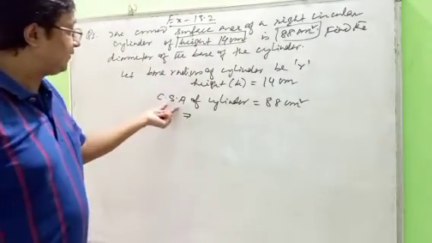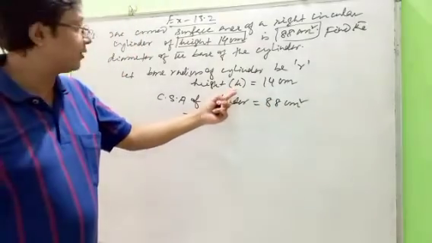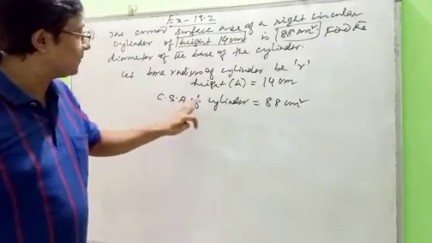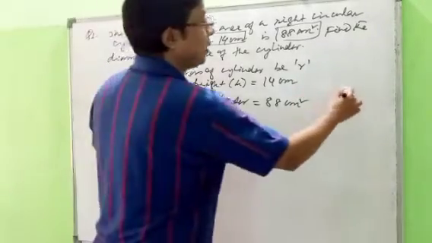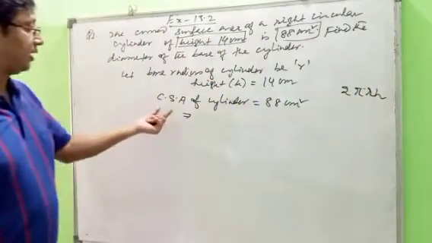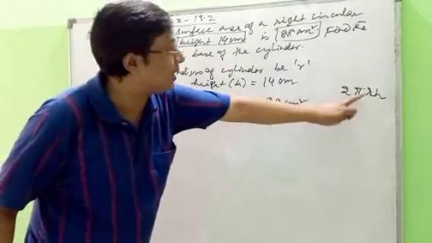They have given the curved surface area and the height, and you have to find the radius from this formula. The curved surface area of the cylinder is 2 pi r h.